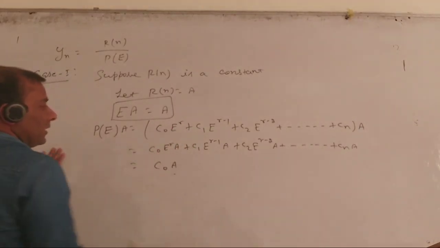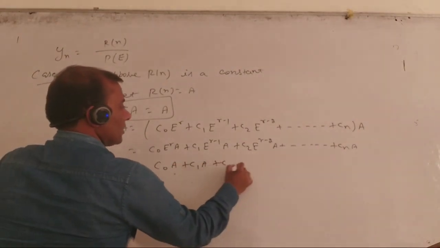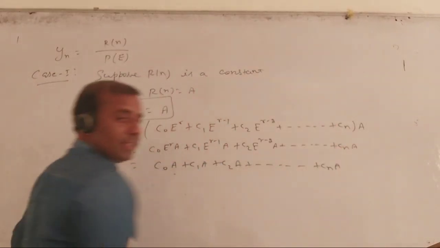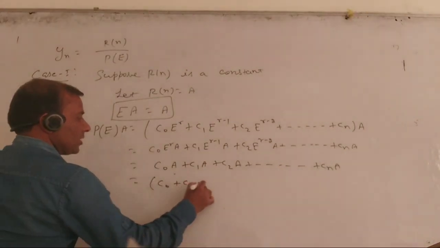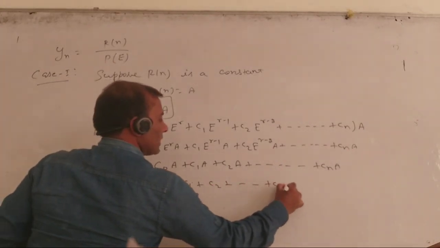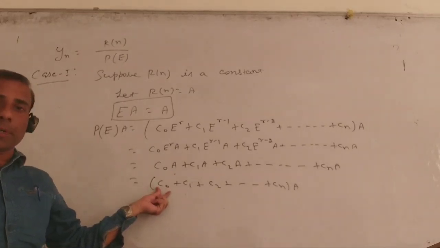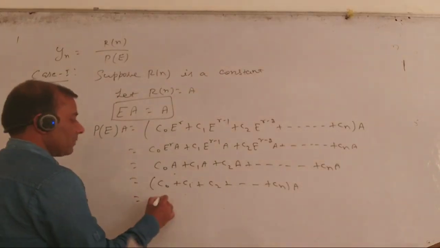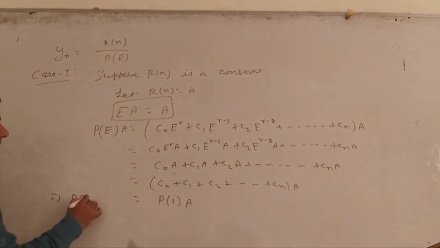So it is equivalent to C0 a plus C1 a plus C2 a and so on, plus Cn a. Now take the common a, so it becomes C0 plus C1 plus C2 and so on plus Cn, into a. If we suppose that this sum stands for P1, it can be written as P of 1 into a. That is, our equation is P of E into a equals P of 1 into a.